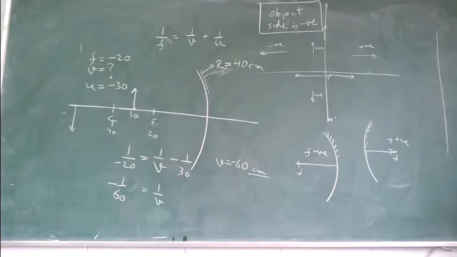The focal length is 15 centimeters. It is fixed at the 40 centimeter mark, shiny side facing the 100 centimeter mark. Focal length is how much? 15 centimeters.